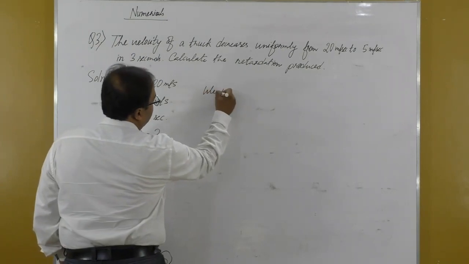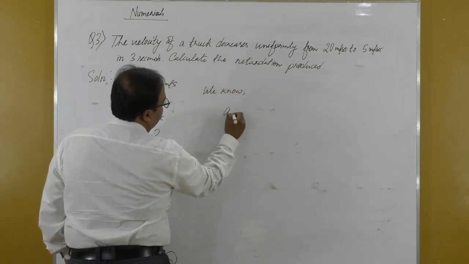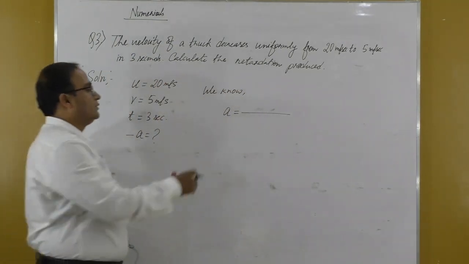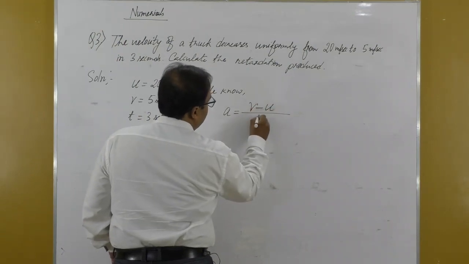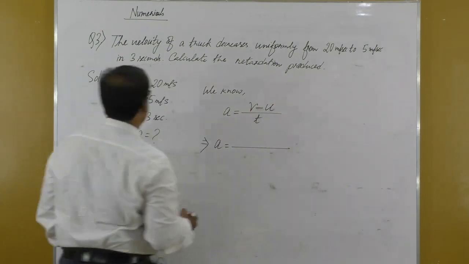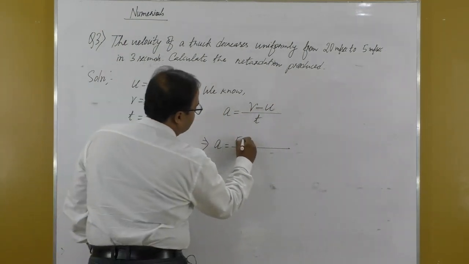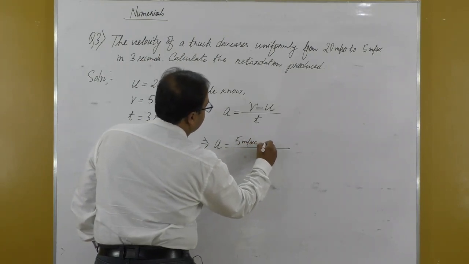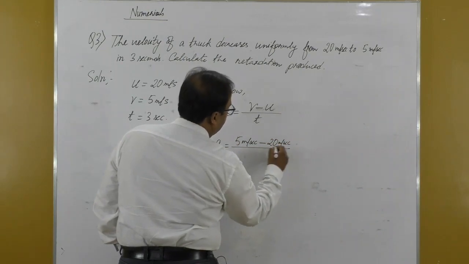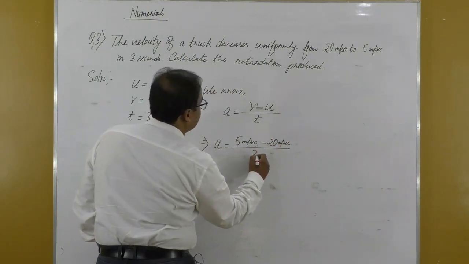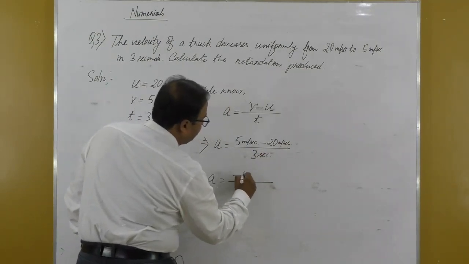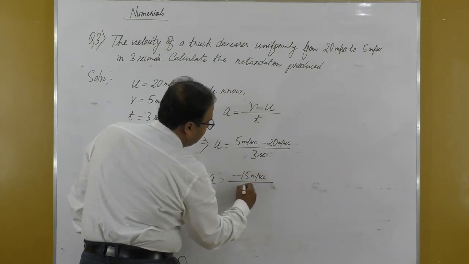And we know the formula. I told you that formula to calculate acceleration and the retardation are the same. So a equals to v minus u by t we can write. So a is equals to v, final velocity here, 5 meter per second. Initial velocity is 20 meter per second. And time taken is 3 seconds. So a is equals to minus 15 meter per second by 3 seconds.